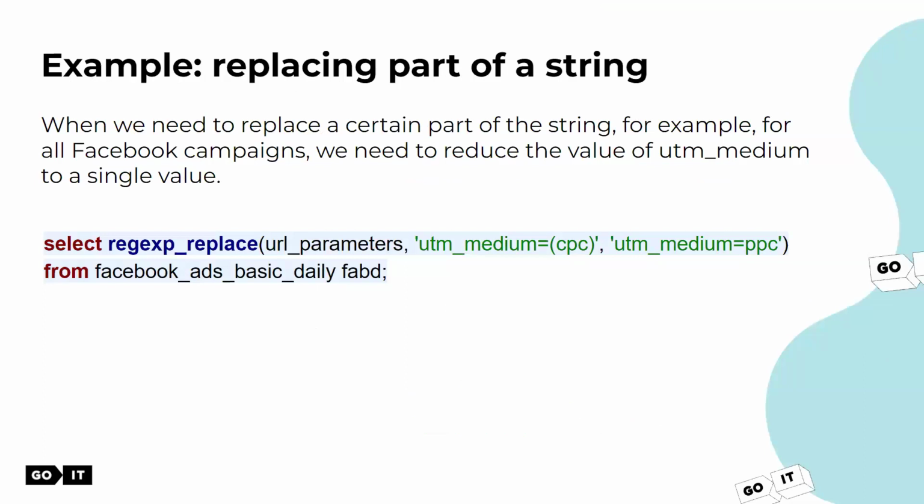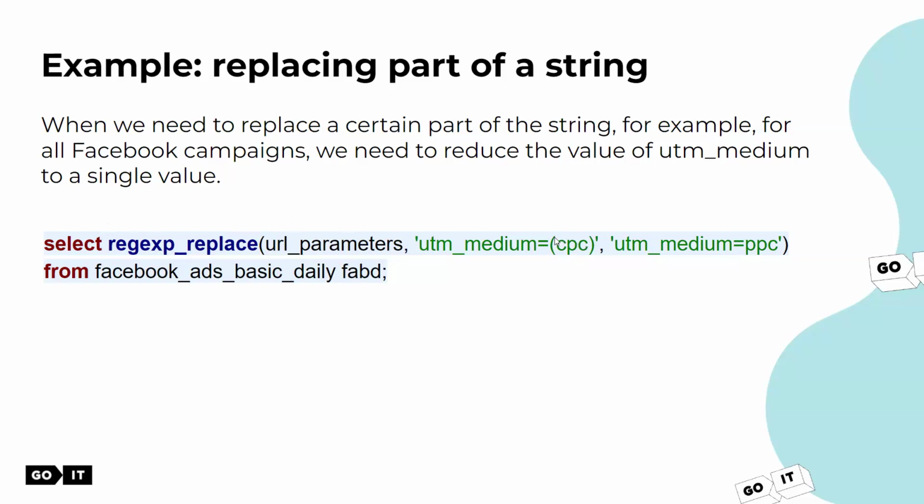So for example, when we need to replace a certain part of the string, in this case, for all Facebook campaigns, we need to reduce the value of the UTM medium to a single value. So we have to query this one: regular expression underscore replace, URL parameters, which is the field, and then the UTM medium CPC.